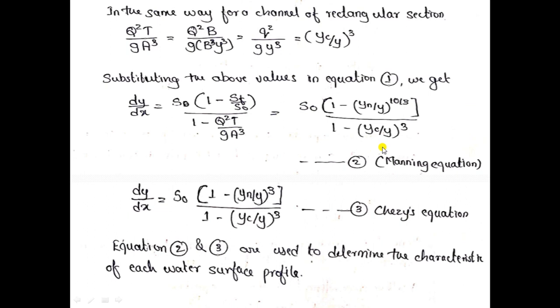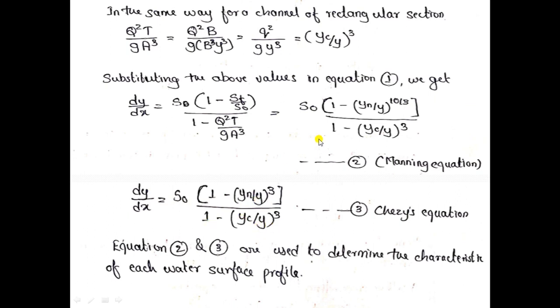This is Manning's equation for slope of free water surface. In the same way, we can write the equation for slope of free water surface in terms of Chezy's equation. That equation will be dy/dx = S0 [1 - (yn/y)³] divided by [1 - (yc/y)³].